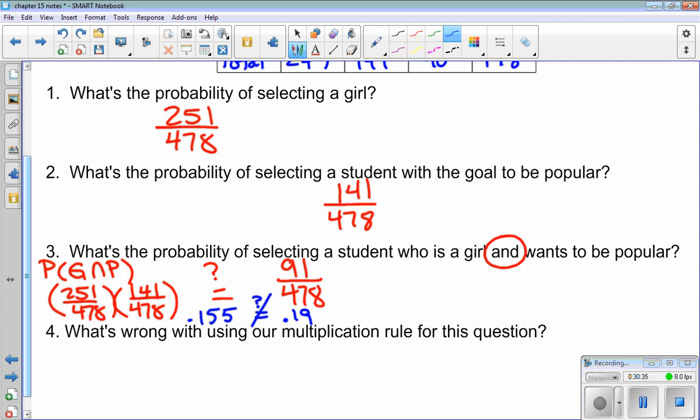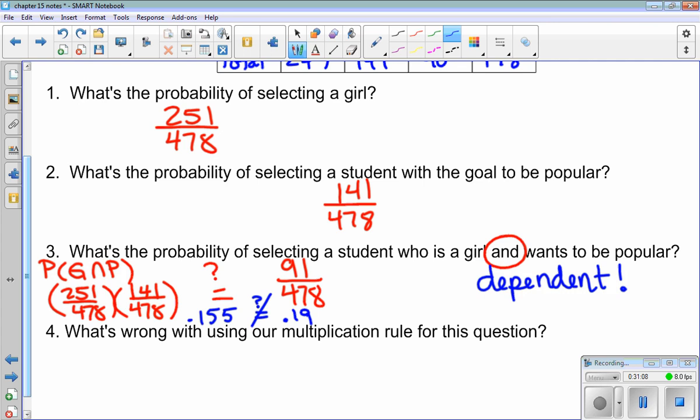If you multiply two probabilities together, and they do not equal the "and" probability, then we know that being a girl and being popular are not independent. They are dependent probabilities. Okay. Dependent. And we're going to look at what that means in a minute.